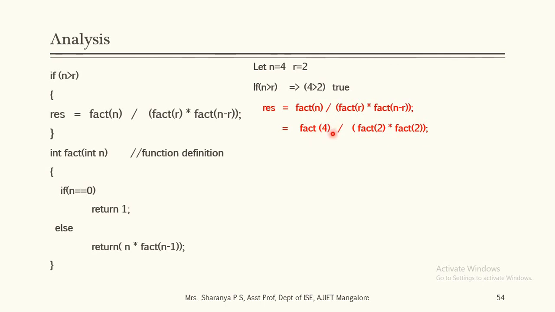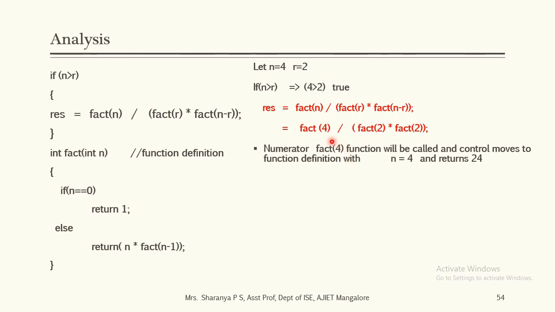Here the value is 4, here the value is 2, and this is also 2. How will it process? First it computes the result for factorial of 4. As we discussed, factorial of 4 executes the same process, and the value returned is 24.